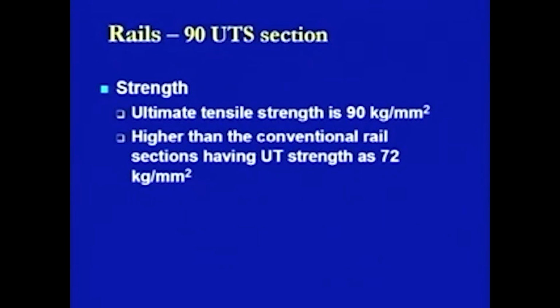Here the tensile strength is 90 kg per mm square as compared to the conventional rail sections which have the value as 72 kg per mm square, and that is how it has a better strength value. So, it can be used at those places where heavy loads are coming or where heavy stresses are getting induced.